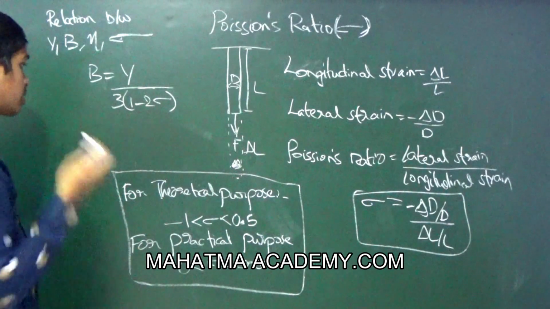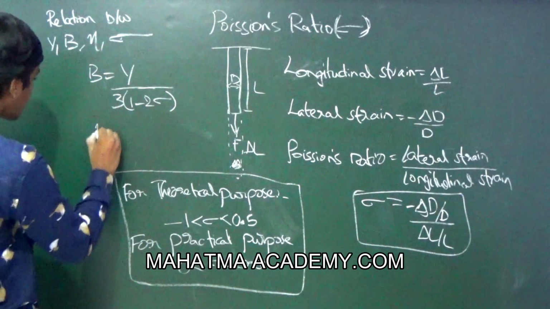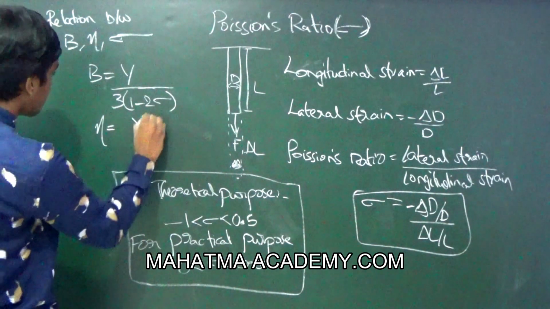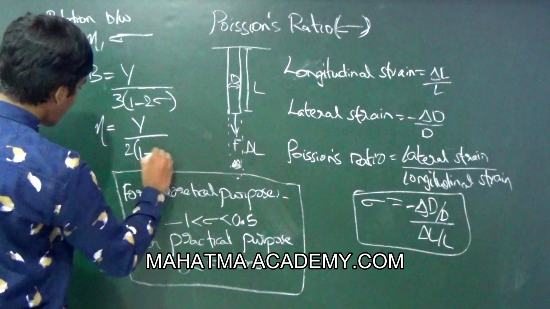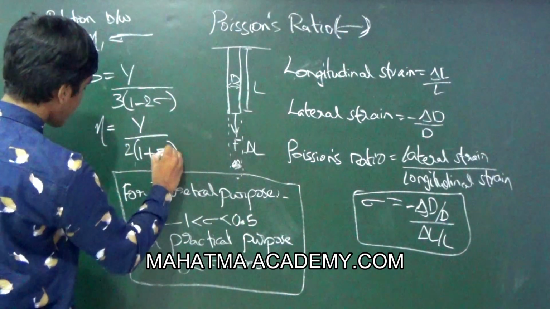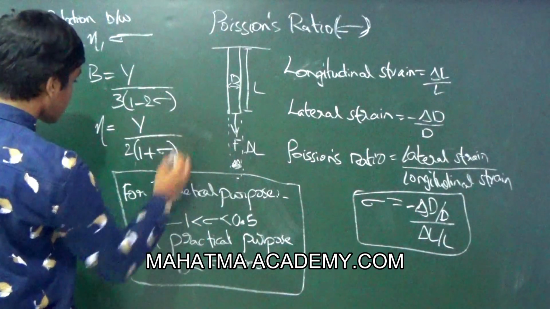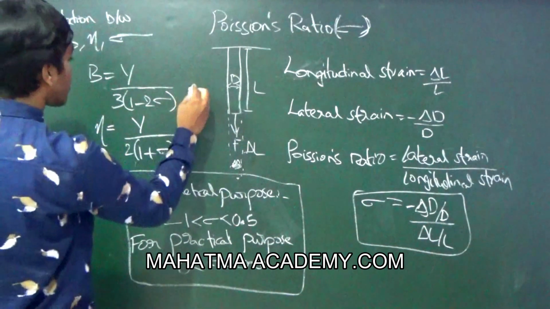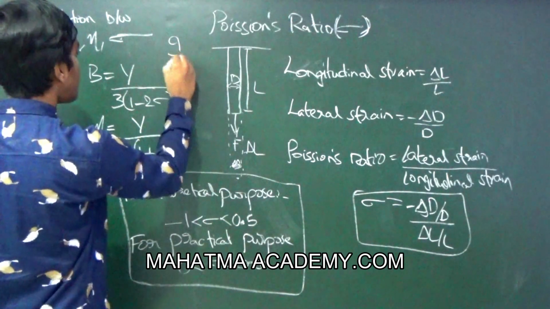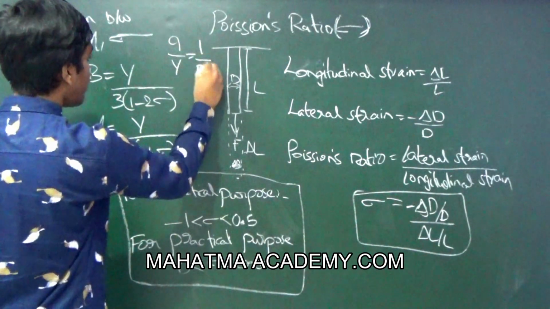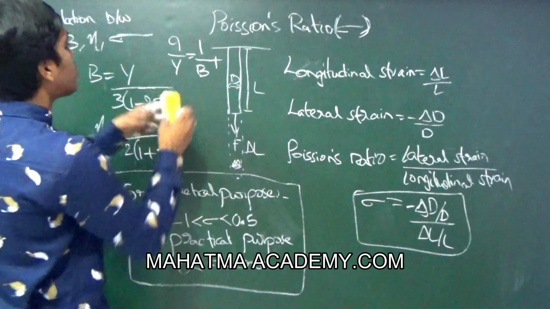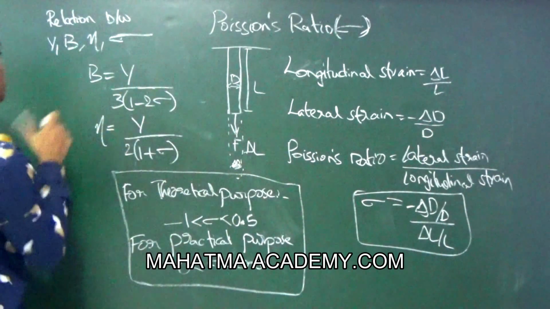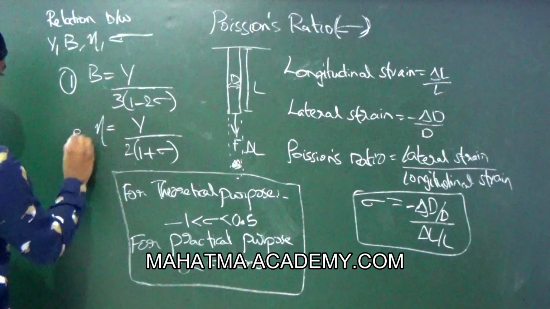Now eta is equal to y by 2 into 1 plus sigma. This is relation number 1 and relation number 2.